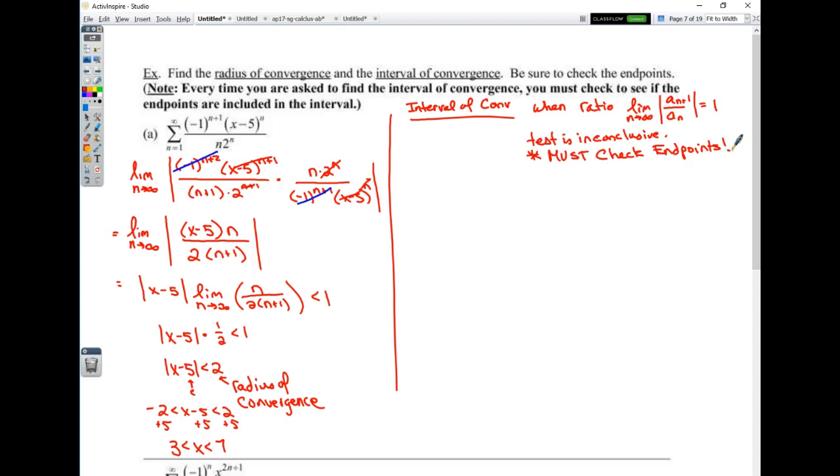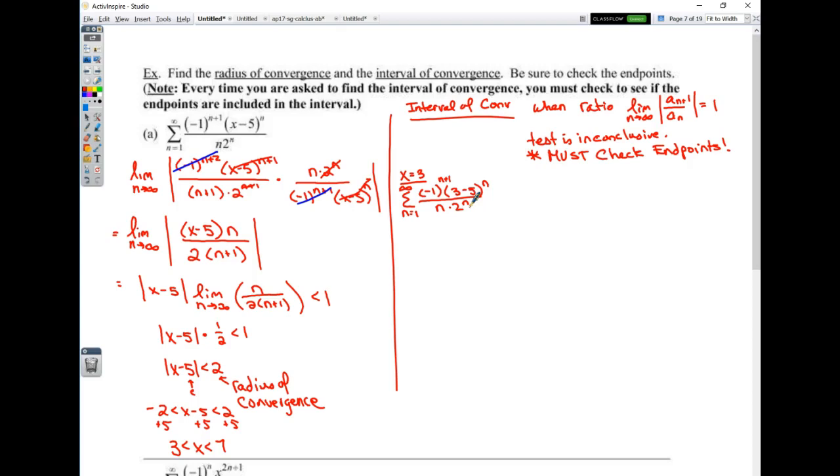The answer is actually pretty simple. We plug it in. Write small, save room. We look at the sum, n equals 1 to infinity, of negative 1 to the n plus 1 times 3 minus 5 to the n over n times 2 to the n.